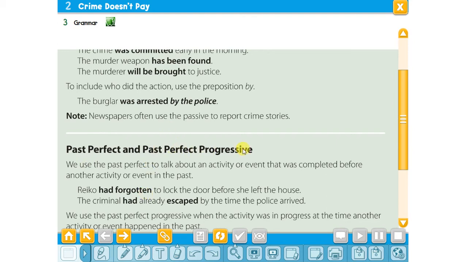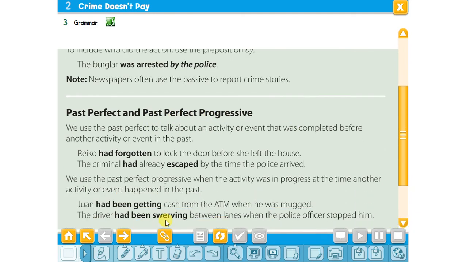The past perfect progressive is had plus been plus verb 1 plus ing. You see? This is had been getting. This is past perfect progressive. Had forgotten. This is past perfect.